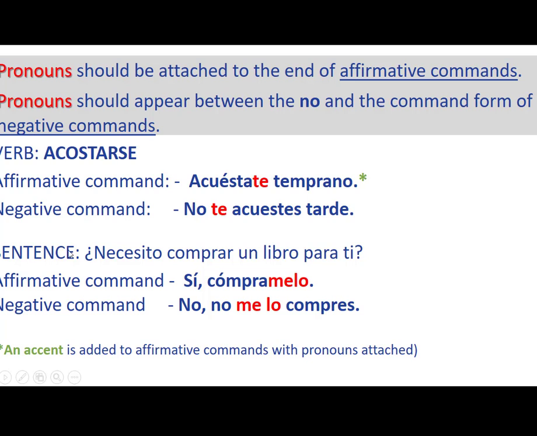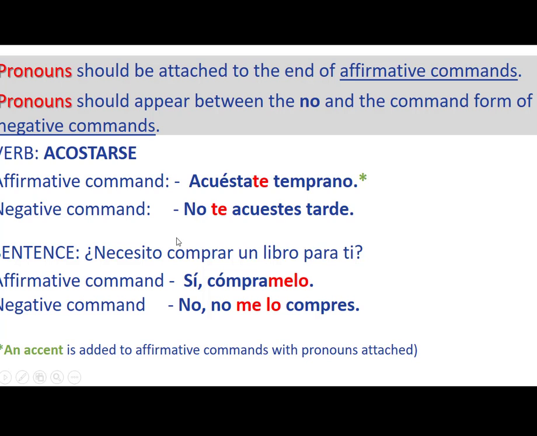And then if it's a sentence where you have pronouns, necesito comprar un libro para ti. I need to buy a book for you. Sometimes this is a direct object and it could be replaced by lo. This is an indirect object. This could be replaced by te. So, necesito comprarlo para ti.